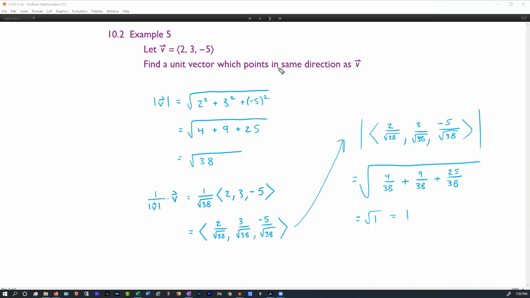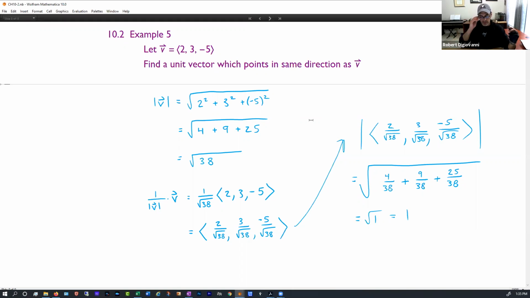I have a question. Yes. So the formula for the unit vector, it's the actual vector over the magnitude of the vector equals 1 over the magnitude of the vector times the vector itself, right? Yes. So how do you know which side to use? What do you mean which side to use?